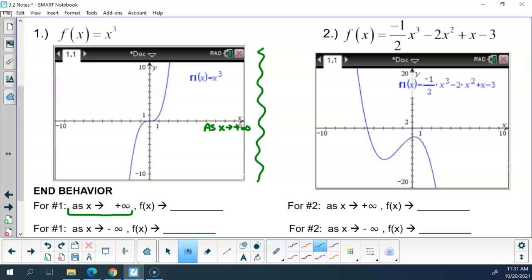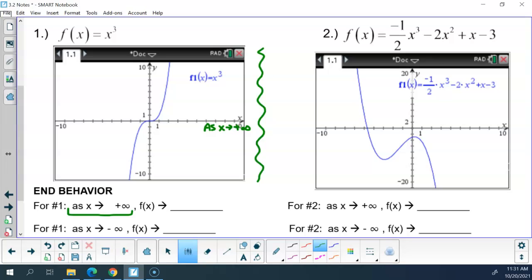So if I said, what is the end behavior, like numbers 1 through 6 on this week's homework, you would first write down as x approaches positive infinity. And then you would say, well, what's my function doing?